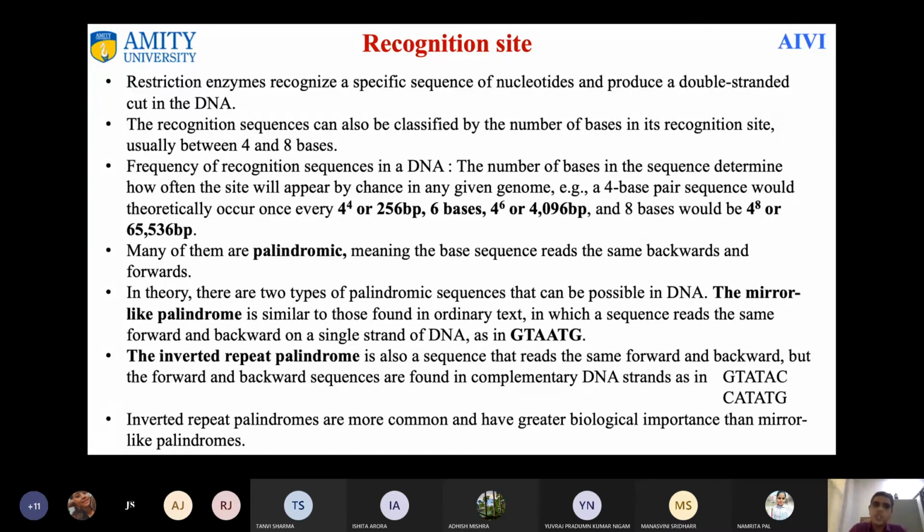So what is that specific location? How long is this recognition sequence going to be? We mentioned that one property of this site is that it may be 4 to 8 bases long. If your restriction endonuclease finds such a sequence which is 4 to 8 base pair long, it is going to produce a cut.